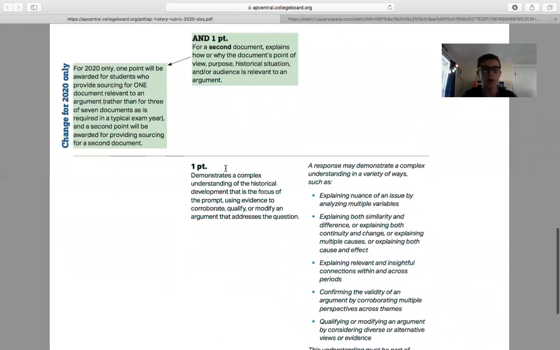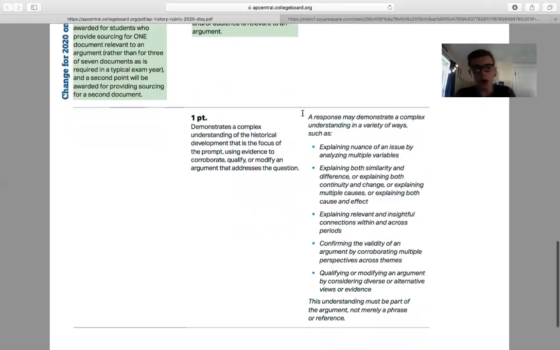And then the final point, this is the hardest one to get. You have the complexity point. You have to demonstrate a complex understanding of the historical development that is the focus of the prompt, using evidence to corroborate, qualify, or modify an argument that addresses the question.